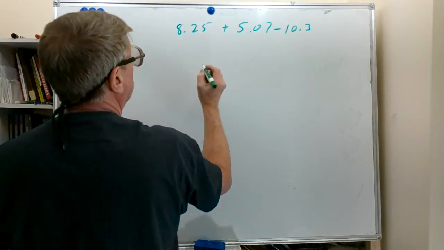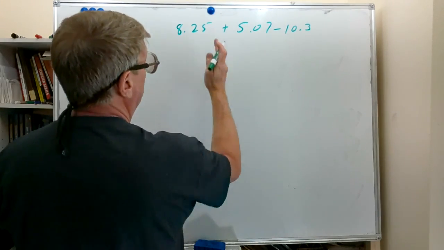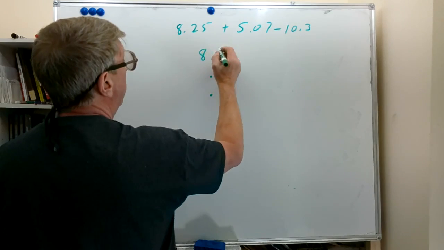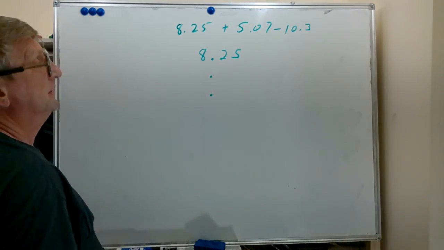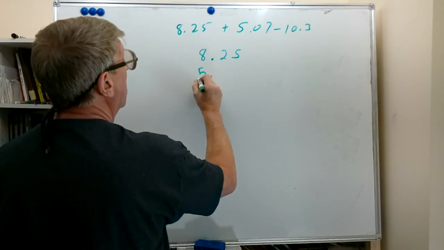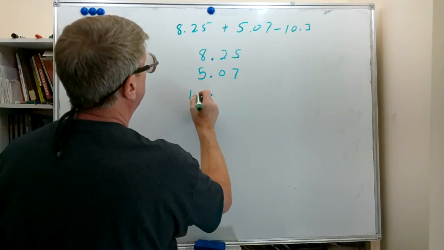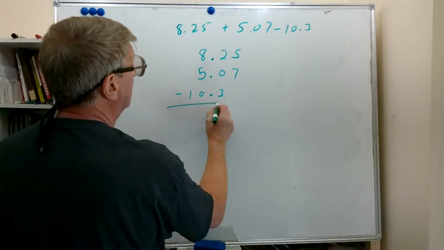We're going to first start by drawing 3 decimal points on the board here. They're all lined up. Take the first number, 8.25. The second number, 5.07. The third number, 10.3. And that one's subtracted. The others are added.